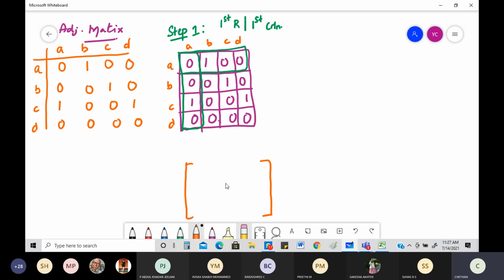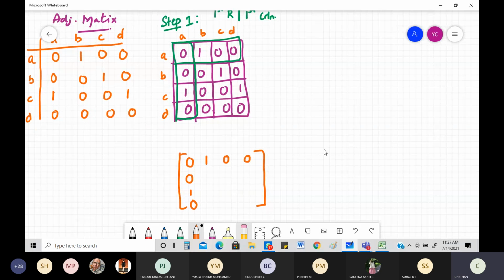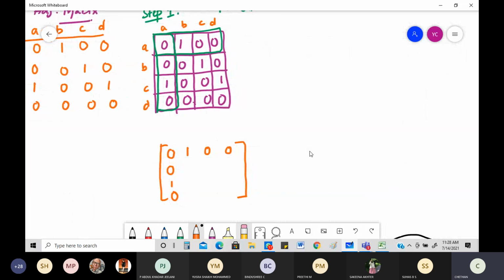Since the first row and first column are selected, none of those values will be changed. So it will remain the same: 0, 0, 1, 0, then 1, 0, 0. These things will not change. The first row and first column will not be changed.